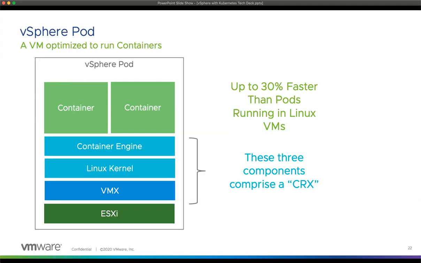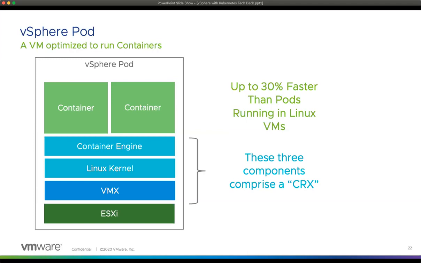Also, the ESXi scheduler is so well optimized for managing the resources that are needed. It will look at a virtual machine and say all of the memory consumed by that virtual machine is physically attached to CPU 0.